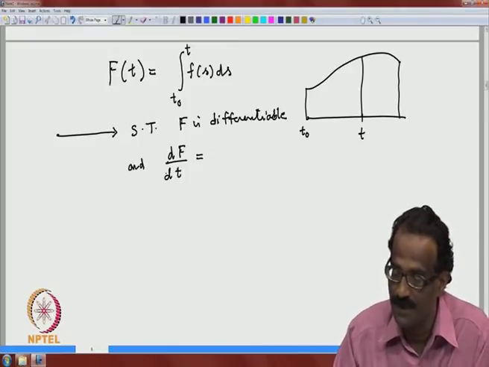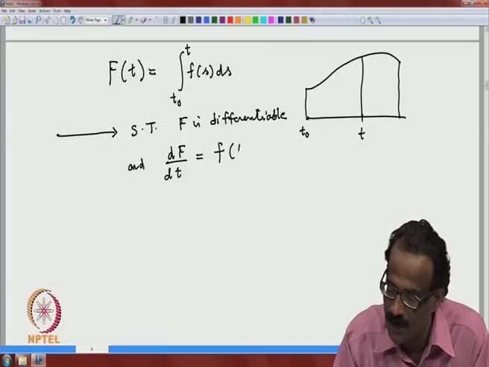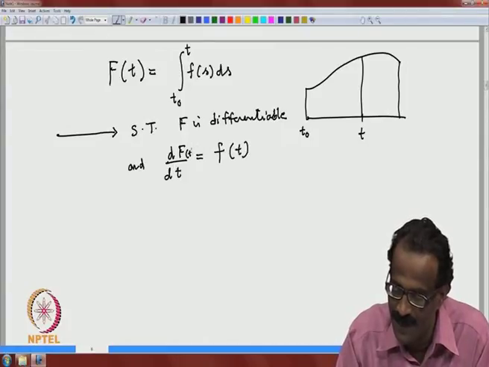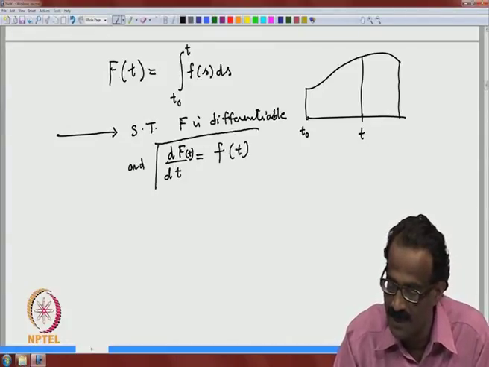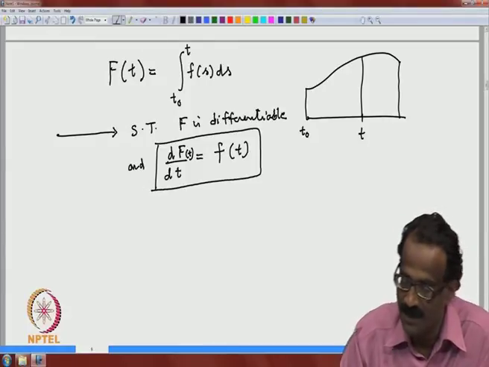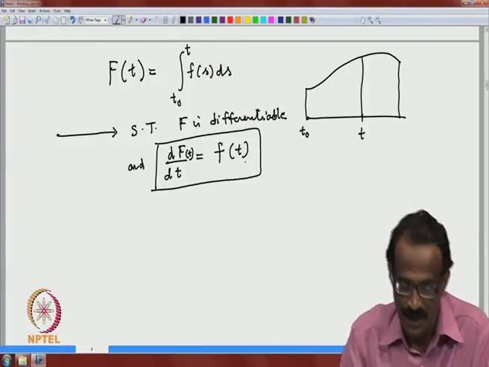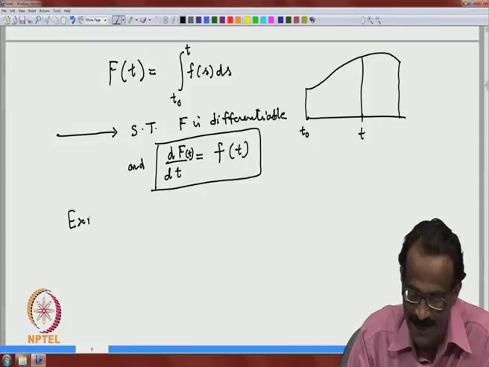If you compute this, you can see that this is nothing but f of t. So, you basically get the existence part. So, that gives you the existence part. Therefore, existence you get it.